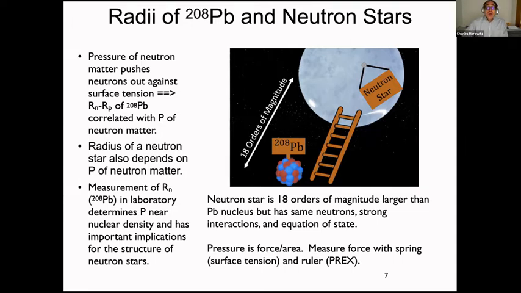So we talk about the radius, the neutron radius in lead, that's what PREX measures. The radius of a neutron star also depends on the pressure at nuclear density and above. So the measurement of the radius of lead in the laboratory constrains the pressure and has important implications for the structure of neutron stars.